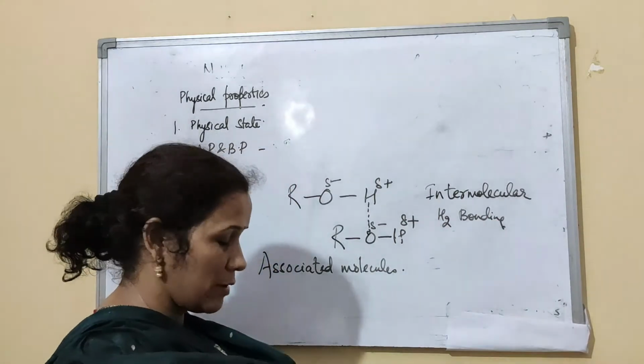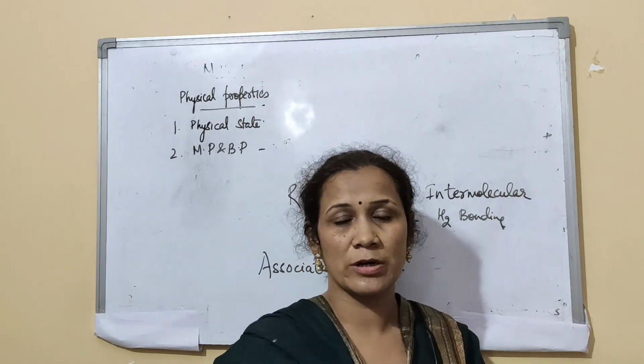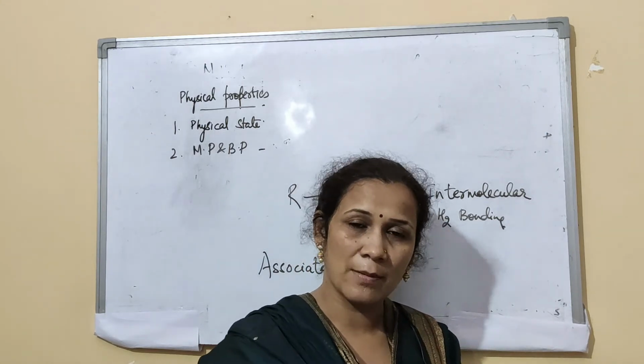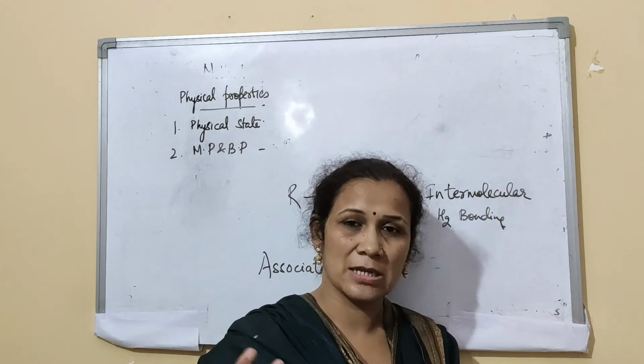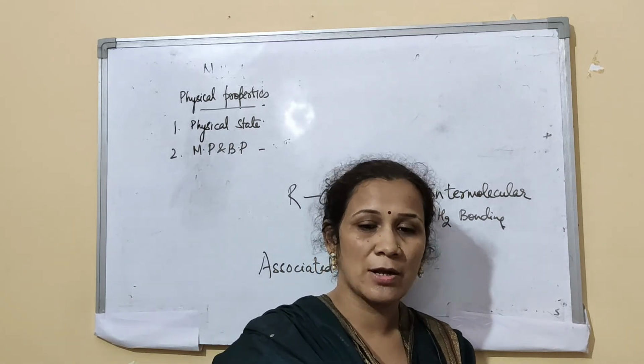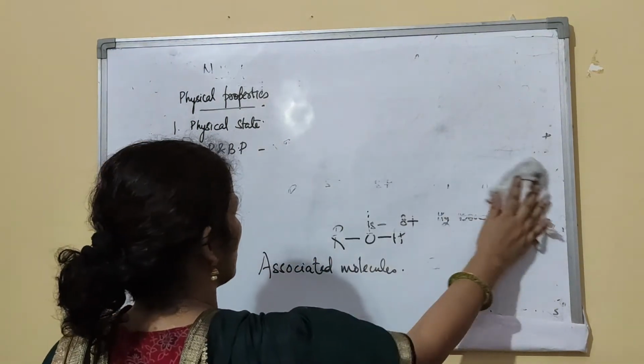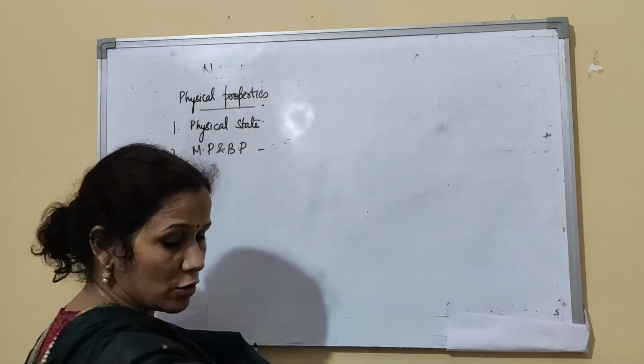So I hope you'll remember now, the boiling point of alcohols would be higher than the corresponding hydrocarbons or ethers, etc. And the reason is intermolecular hydrogen bonding. The same is true for phenol also. If we make a phenol group, the chain would look like this.